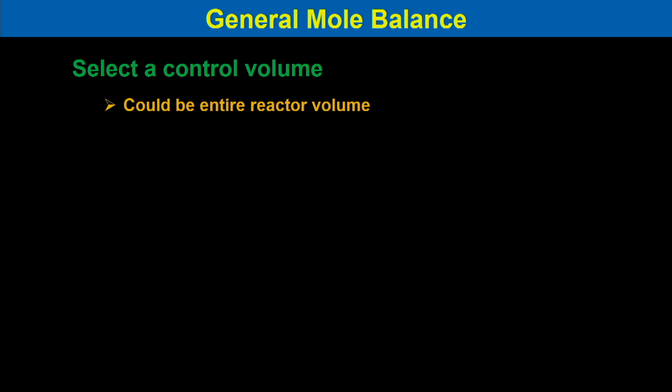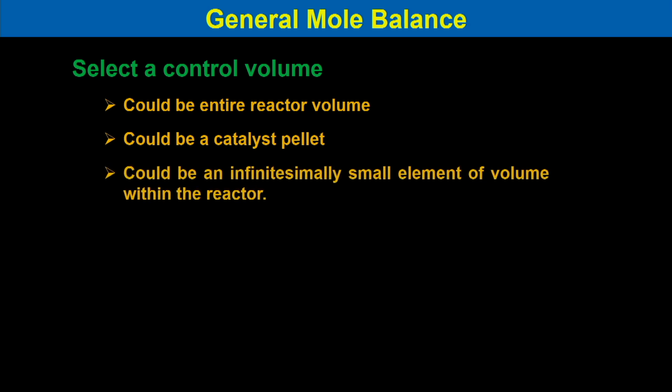If it is a gas phase reaction, we can consider the entire reactor as the control volume, or we can consider a catalyst pellet as one control volume, or an infinitesimally small element of volume within the reactor. So, we can consider a very small element inside the reactor as the control volume.